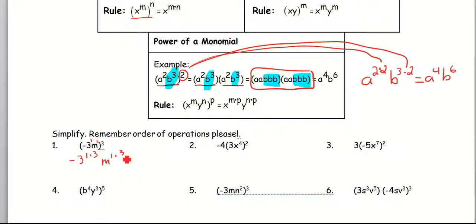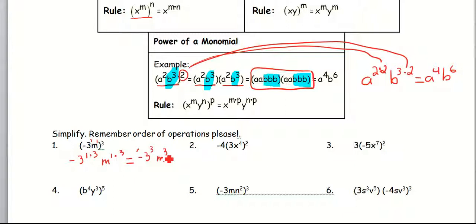Now we can figure out the negative 3 to the power of 3, because that's what it would be. So negative 3 to the power of 3, and then m to the power of 3, because 1 times 3 is 3.